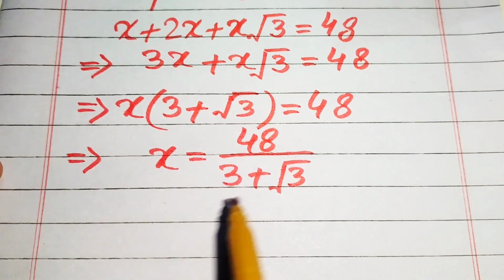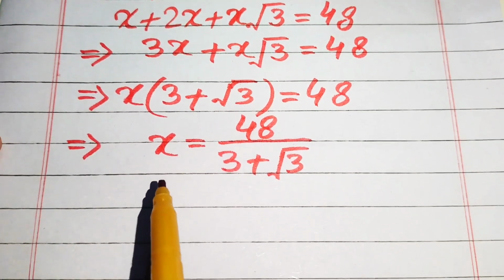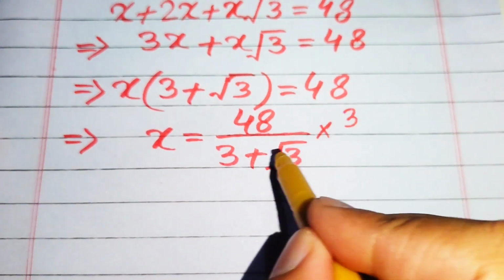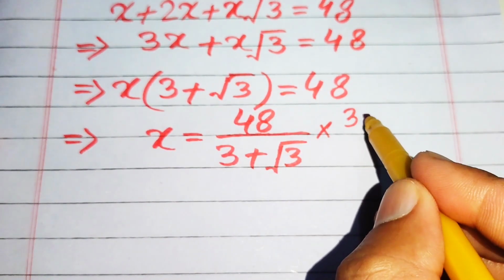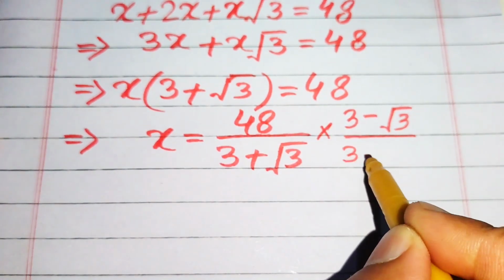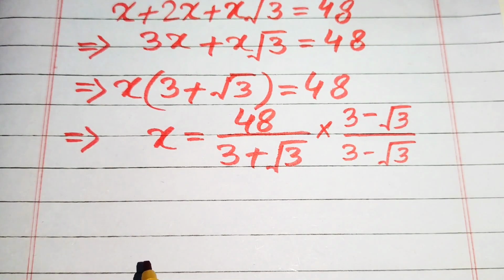Now, in the next step we rationalize this term, and we write our x in the simplest form. If we rationalize this, it means that we take the conjugate of the denominator and multiply and divide by it. So when we multiply and divide, it is written as 3 minus square root of 3.